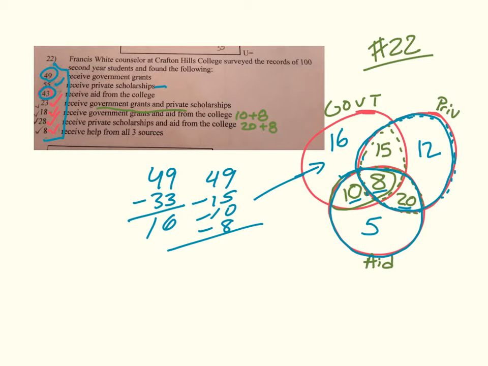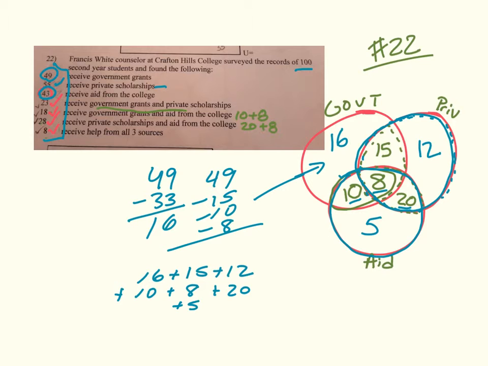If we want to check our work, we can say that the total number of students should add up to 100. And so if we look at this and say, okay, 16 plus 15 plus 12 plus 10 plus 8 plus 20 plus 5.